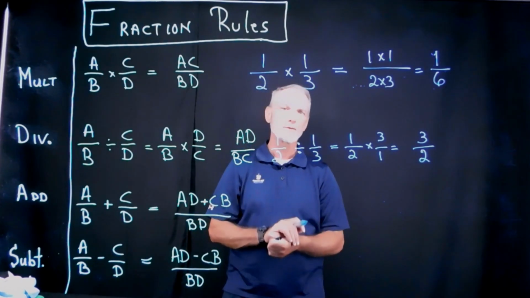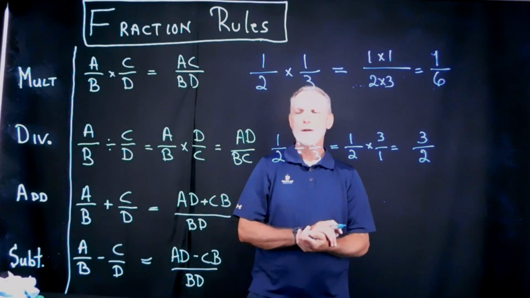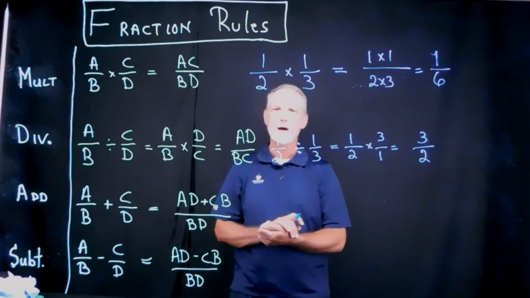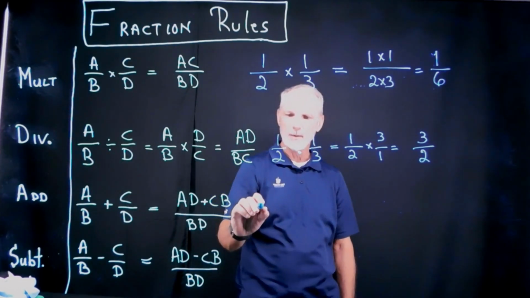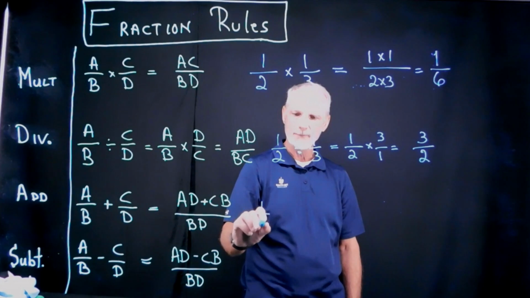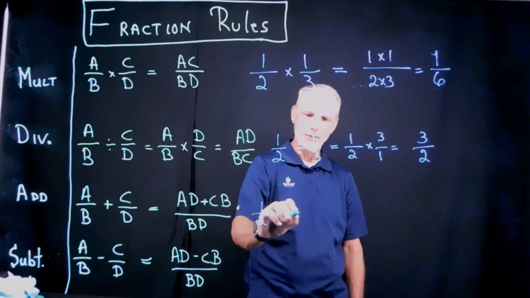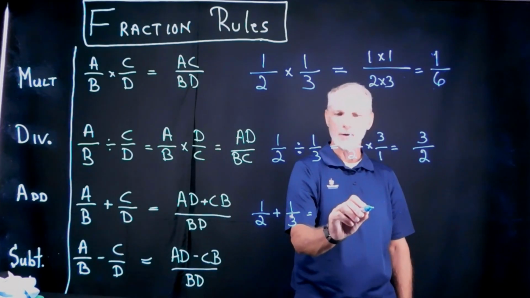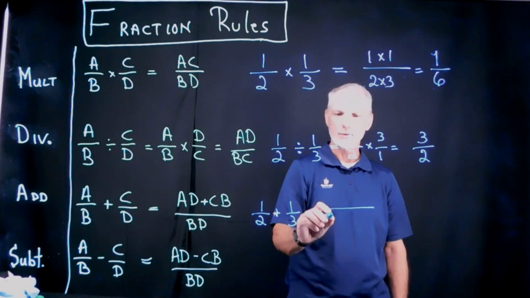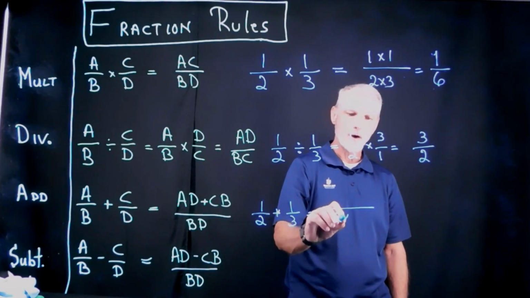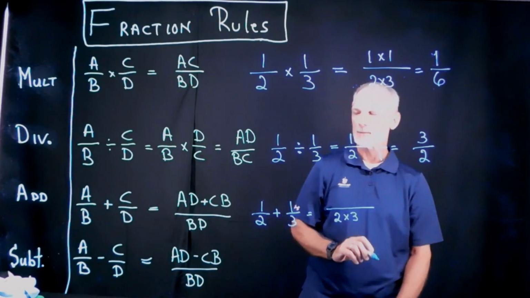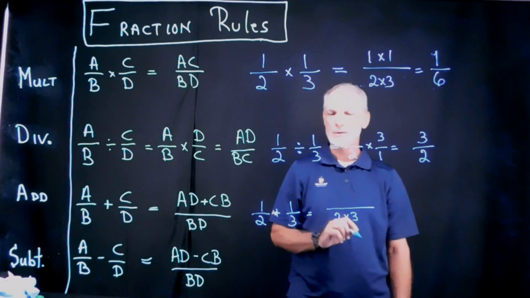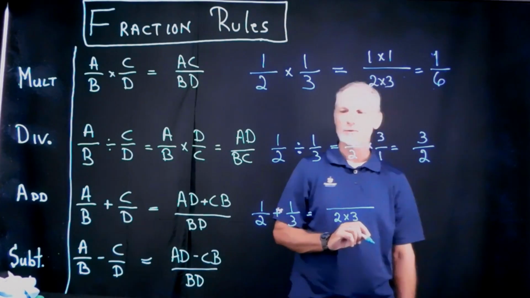Adding and subtracting fractions is actually a little bit more complicated, because we have to find a common denominator. So let's look at that example. We have 1/2 plus 1/3. We begin by getting a common denominator as the product of the two denominators, so 2 times 3 is the common denominator. Then we distribute that common denominator to each of the numerator terms.